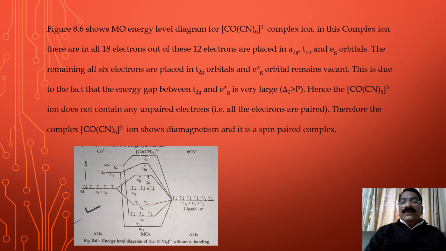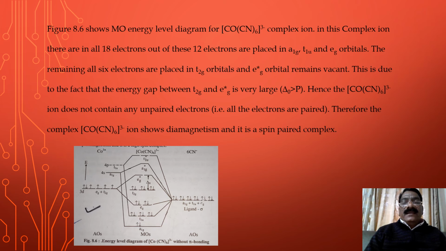Here delta O is greater than pairing energy and hence the [Co(CN)6]3- ion does not contain any unpaired electrons. All electrons are paired and therefore the complex ion shows diamagnetism and it is a spin paired complex.